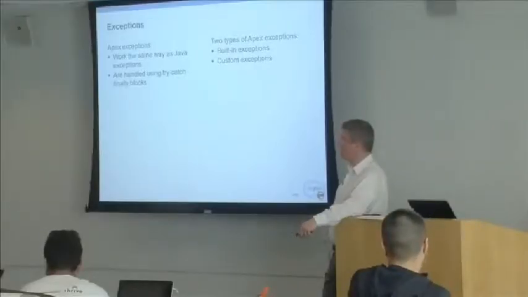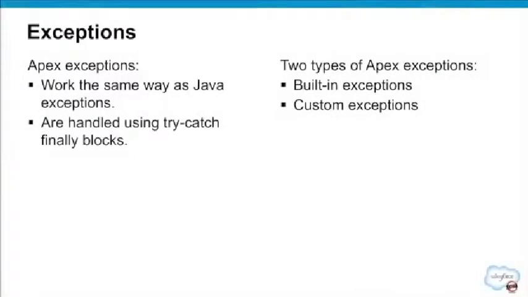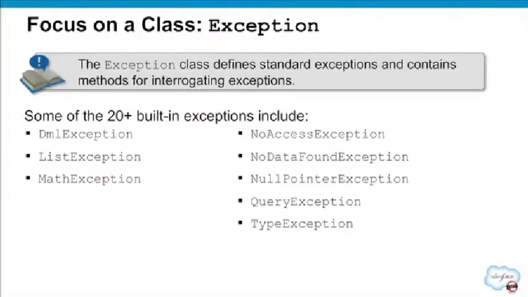You can either work with built-in exceptions, or you can create your own custom exceptions. There is a base class called Exception, which is the base class for all of our system exceptions, or for that matter, if we're going to create a custom exception.